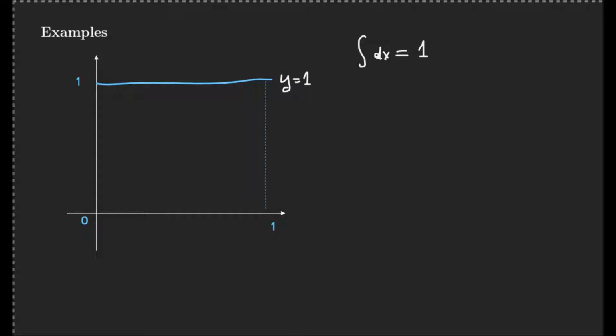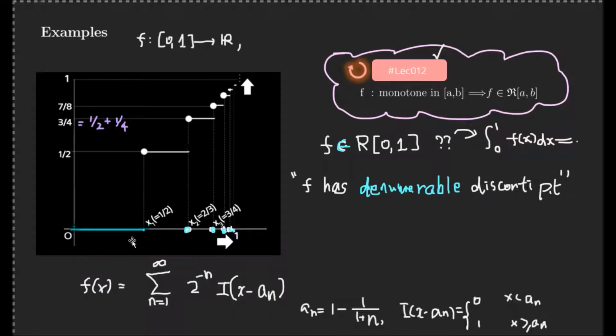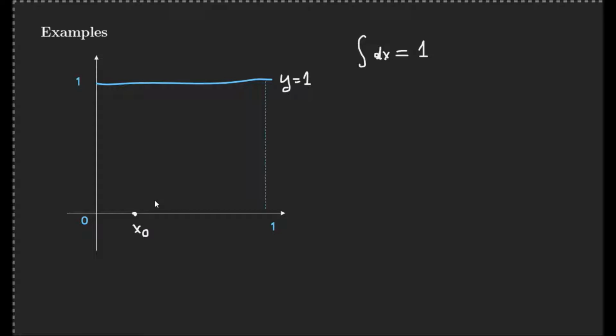Okay. In this case, this is clearly a continuous function, but I'll make an arbitrary point discontinuous. As compared to the previous case, where the discontinuous points were already given, in this case I will make the discontinuity using an arbitrary point.